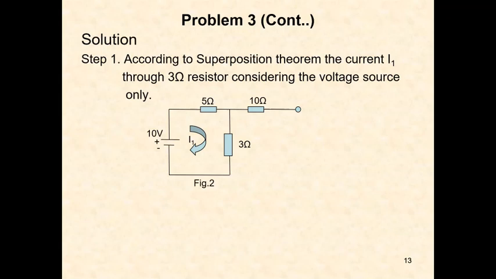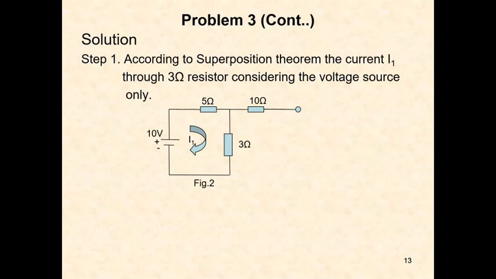This 10 ohms is open circuited and only 5 ohms and 3 ohms are in series. See here, the 5 ohms and 3 ohms are in series, and the 10 ohms is open circuited. Then what is the current now?